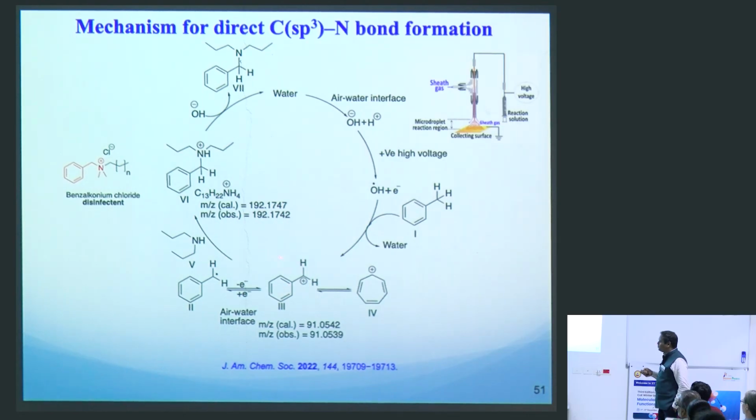Then whenever we add a nucleophile, it clearly forms the product, which is a similar type of scaffold that is also available in the market as a disinfectant. If you look at the reaction time, all the reactions are completed in less than a millisecond. At industrial scale, we have to rely on longer days or many steps, but microdroplet reduces the time as well as the number of steps.